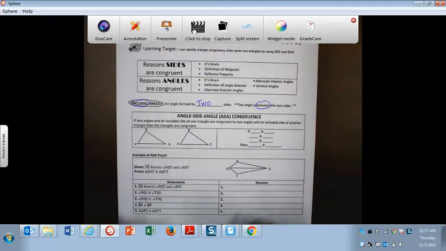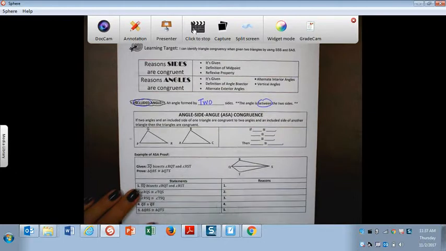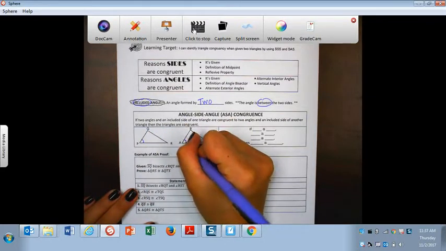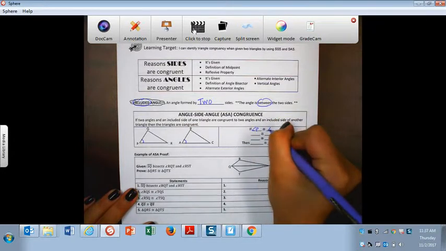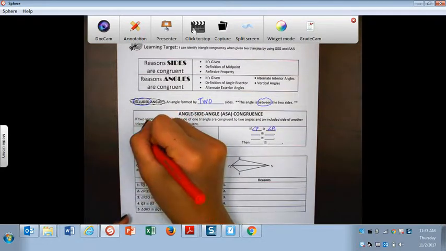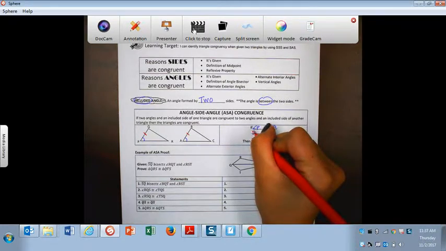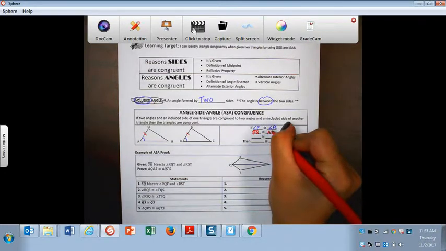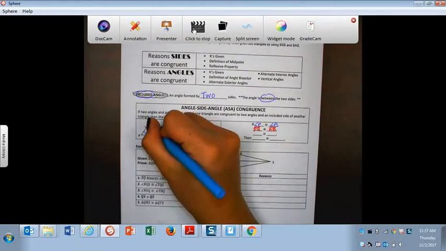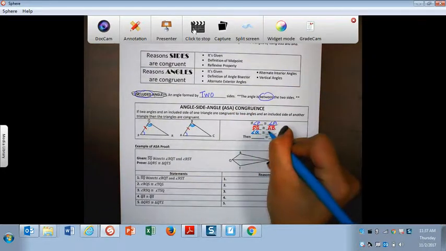If we look at this and compare what is congruent, we can say angle P is congruent to angle A. Side PQ is congruent to AB. And then angle Q is congruent to angle B.